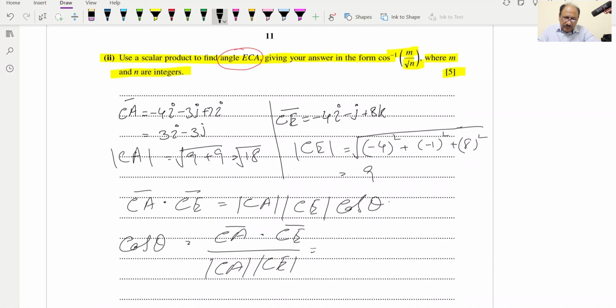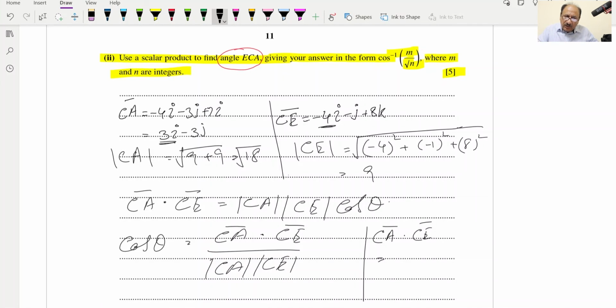Now we can multiply the dot product. We can take CA dot CE. So CA dot CE will be what?